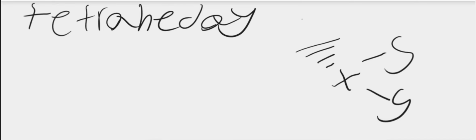We have this here. If someone asks you to draw the structural formula of a tetrahedral geometry, this is how you do it. And then we have this here. We shade this in, and that's our last element, our last atom in the molecule. And these are going to have less than 109.5 degrees.